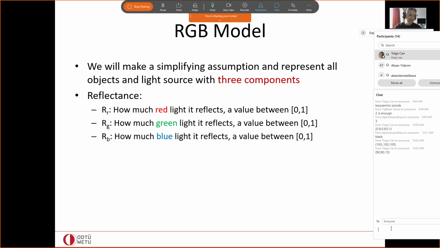This 90, 90, 10 is computed by multiplying: 90% of this 100 is reflected, which makes 90, and 10%, 0.1 of this 100 is reflected. So the color of the surface will appear to us as 90, 90, 10. Okay, it's still a yellowish color.